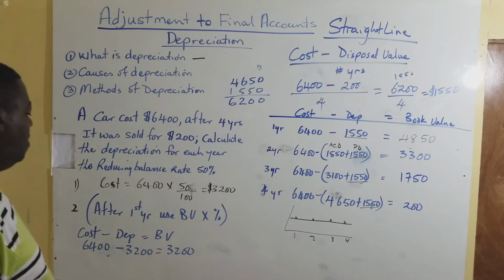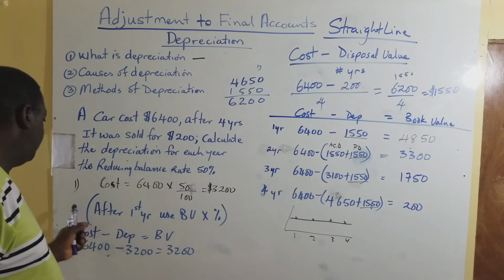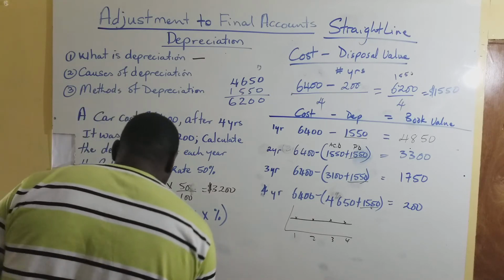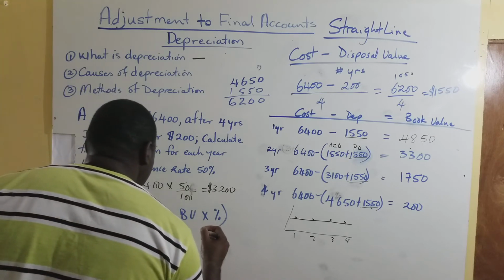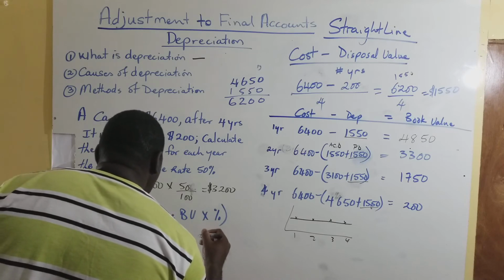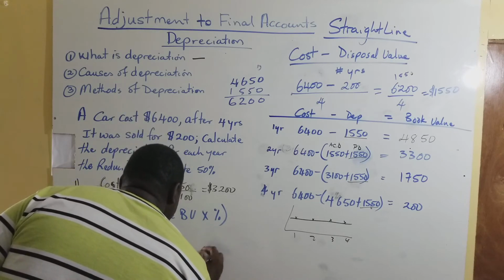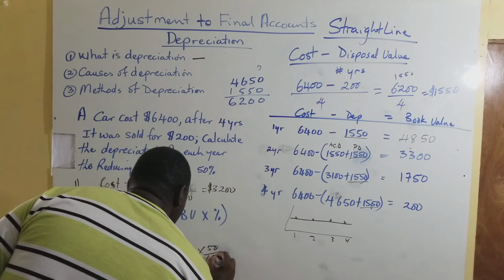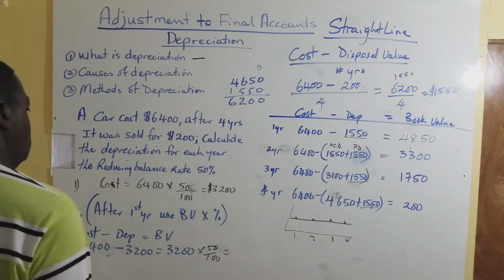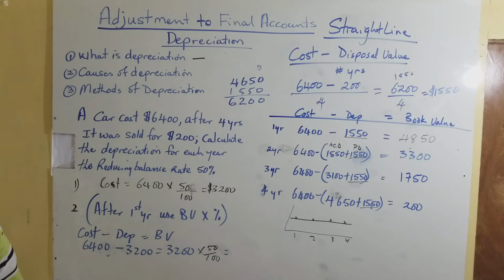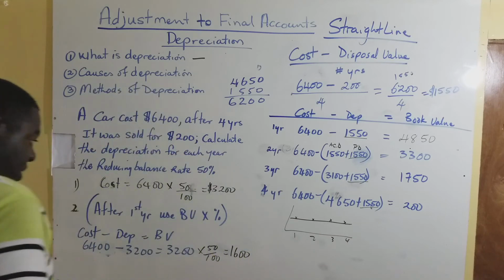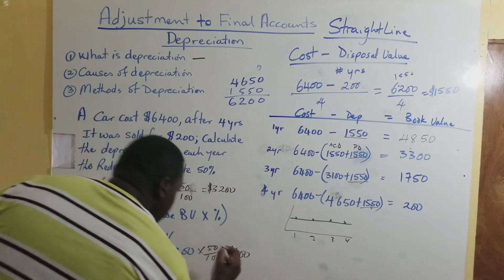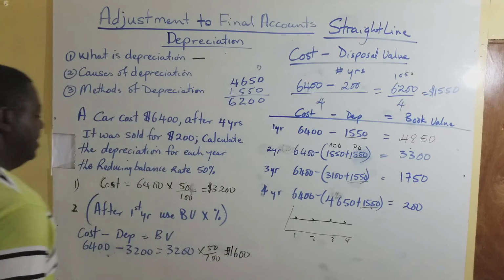All right. Now we'll find the percentage of this for the second year. The depreciation is going to be this times 50%. And half of that is going to give us 1,600. So the depreciation for the second year would be 1,600.